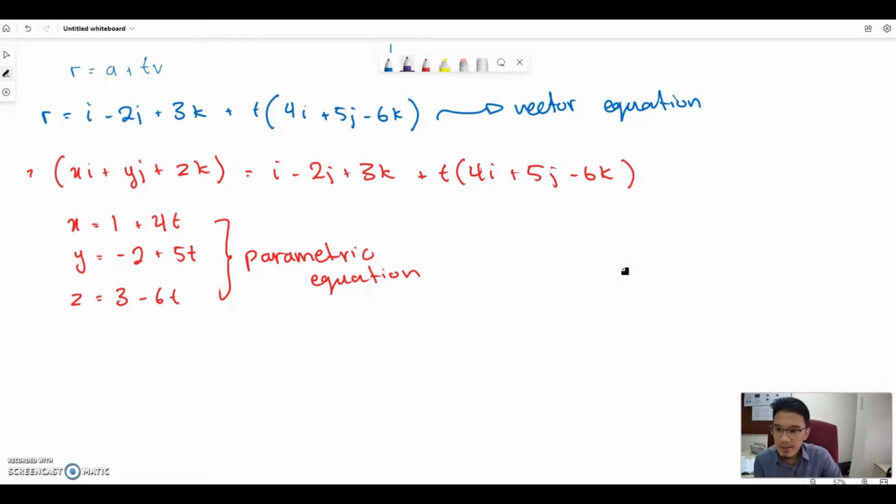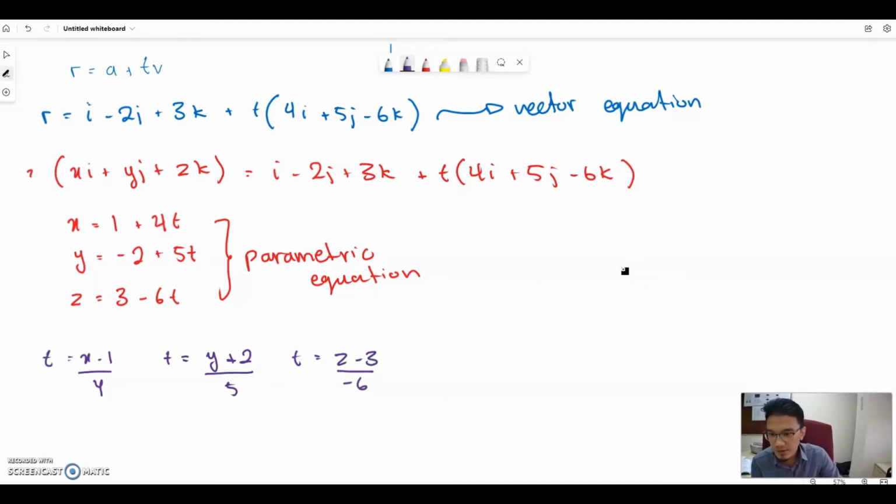Okay, and then from parametric equation, we have to form the Cartesian equation. Rearrange all of the three equations from parametrics. So we have t equal to (x minus 1) over 4, then t equal to (y plus 2) over 5, and then t equal to (z minus 3) over -6.